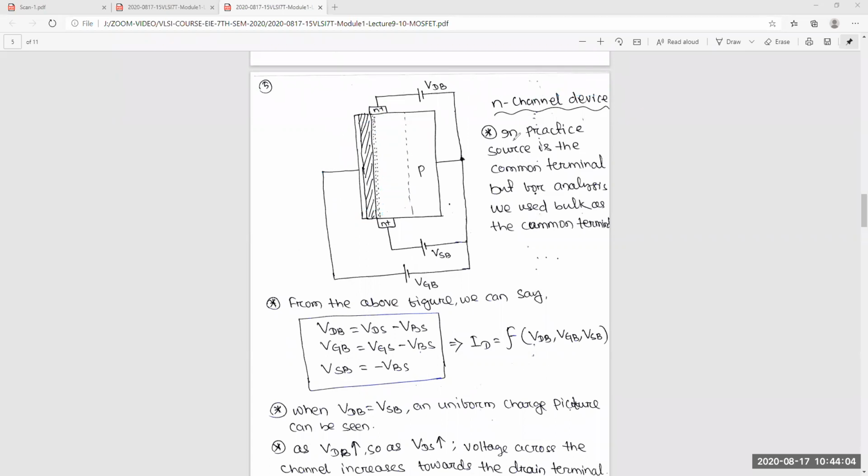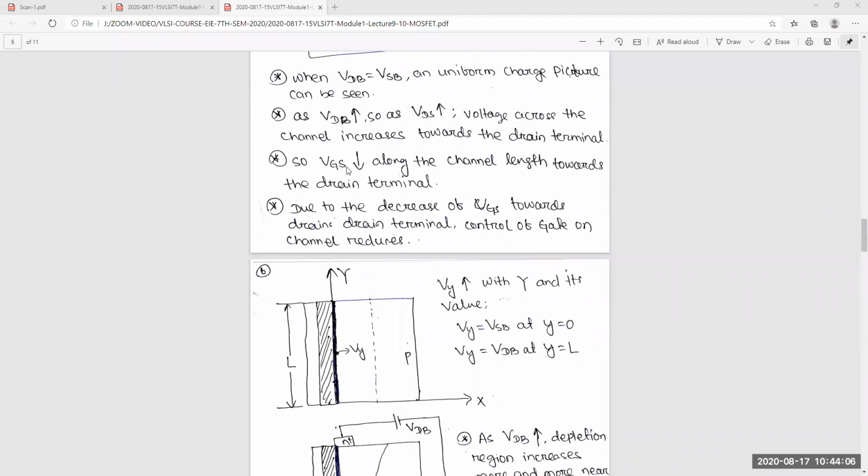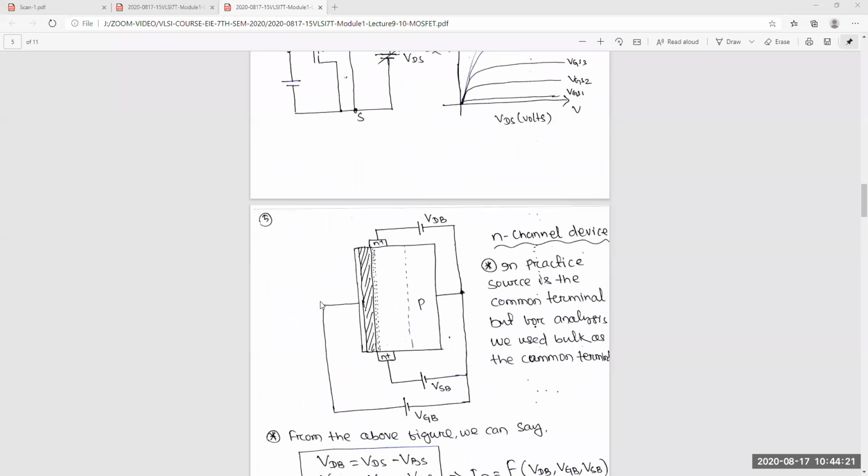So exactly that thing I have mentioned here. As VDB increases, VDS increases, and the voltage across the channel increases towards the drain. So VGS decreases along the channel length towards the drain terminal. VGS gradually decreases: here maximum, here minimum.